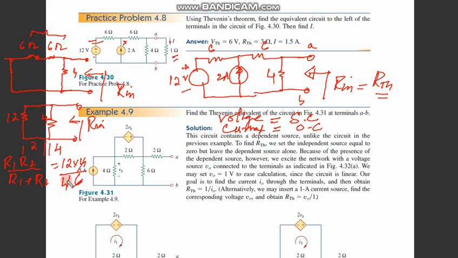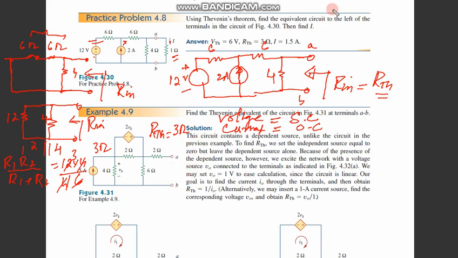If you solve it, you get a value of 3 ohms. So the resistance of the equivalent Thevenin circuit is calculated to be 3 ohms.